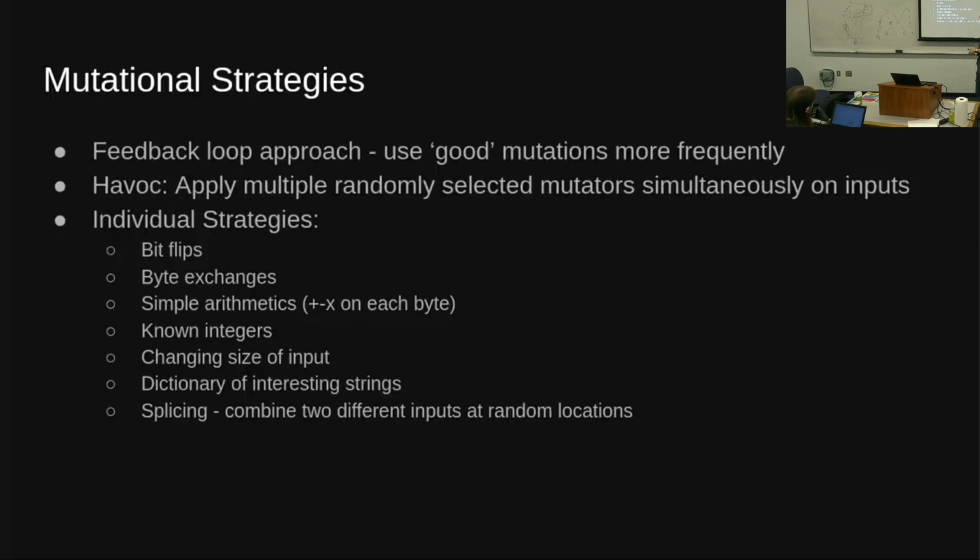You could have a dictionary of interesting strings, like weird Unicode characters, whatever targets often fail on, and inject those at random locations. And splicing, where you take two of your inputs and splice them together at some arbitrary location. All of these individual strategies are very simple and do some pretty dumb mutations, but they work really well overall.